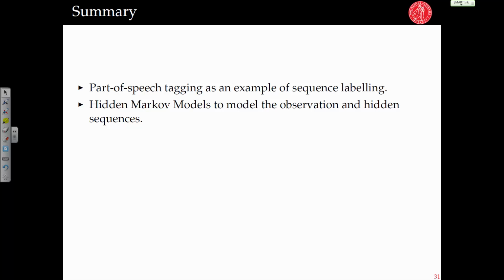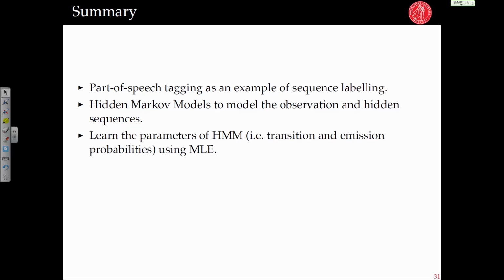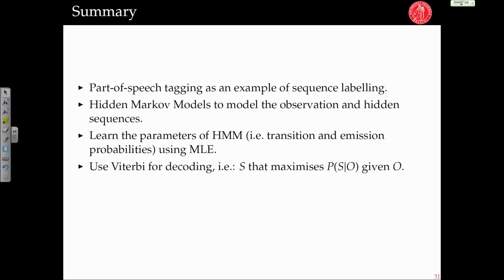In fact, it helps us understand this observation sequence, in terms of part of speech tagging, for example, and words. We learn the parameters of an HMM, which again are transition probabilities and emission probabilities, using maximum likelihood estimation, which is exactly the same as what we did last week.